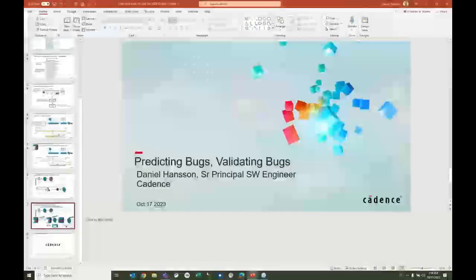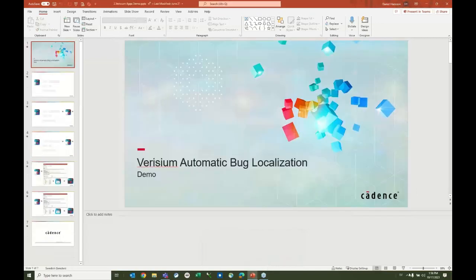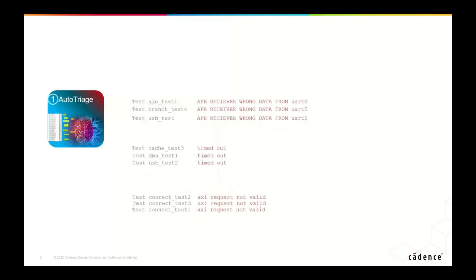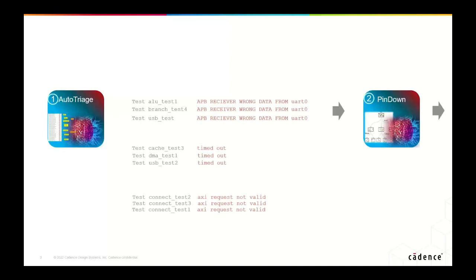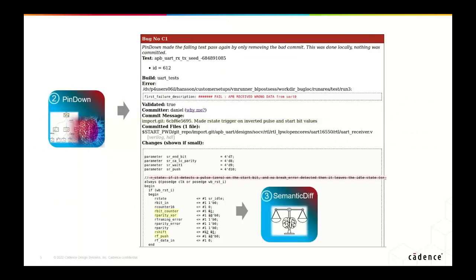So I'll just show one more minute of my finishing slides, because they are animated, and animated slides, as you all know, are very cool. So the way this looks, based on the validated Pindown flow, is that auto triage is using its own ML model to bucketize the error messages. Pindown will take the fastest test in each bucket and identify and validate which was the bad commit.